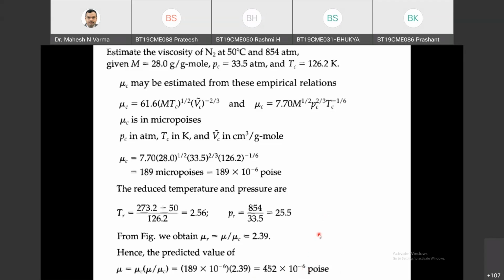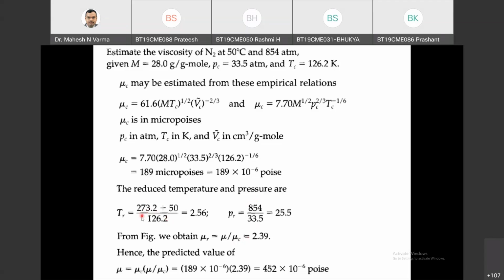So this is how you can use this empirical graph. Just to brief, there are 6 parameters in this. This is temperature, the given temperature. This is critical temperature. This is pressure. This is critical pressure. This is viscosity, and this is critical viscosity.